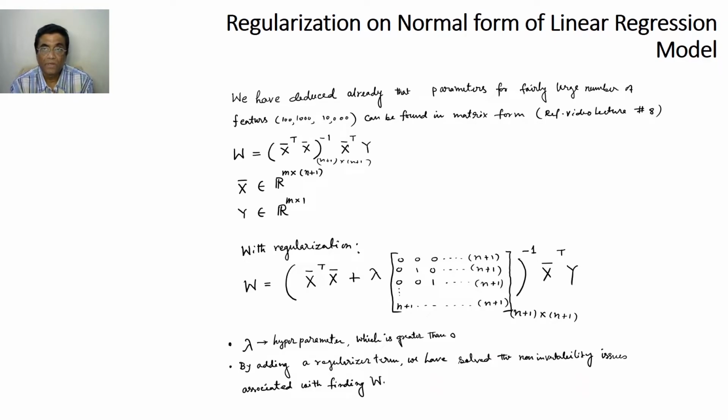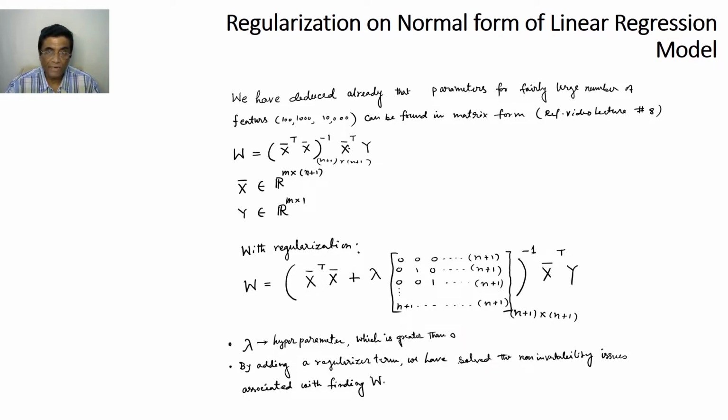the linear regression model written in matrix form, the normal equation in a matrix way. Already we have derived the parameter W equals the inverse of x bar transpose times x bar, times x bar transpose times y, where x bar is the design matrix, and x bar transpose times x bar has dimension n plus 1 cross n plus 1.